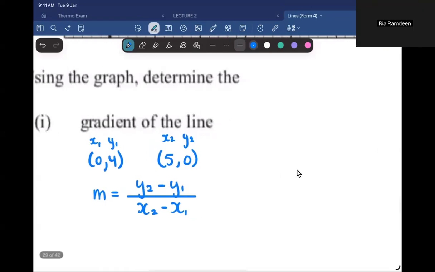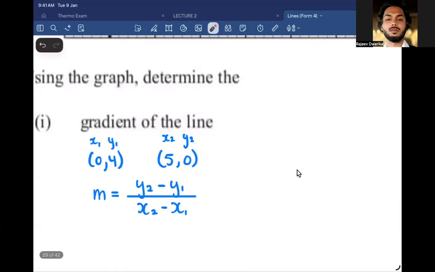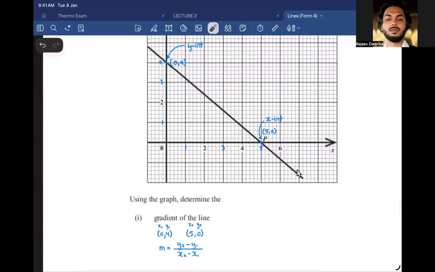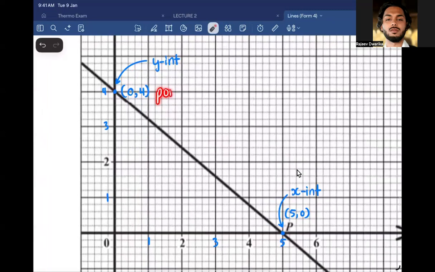If I want to figure out the change between 2 points, I would take the final minus the initial. We call this point 1 and this point 2.